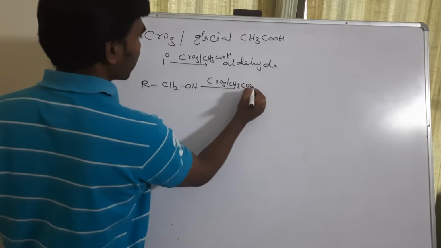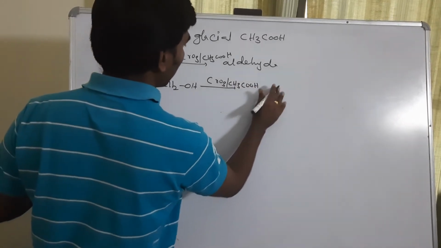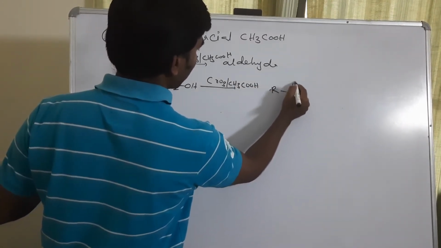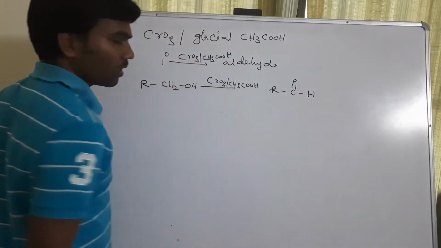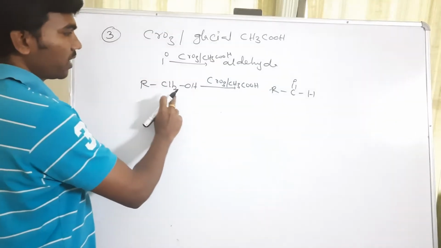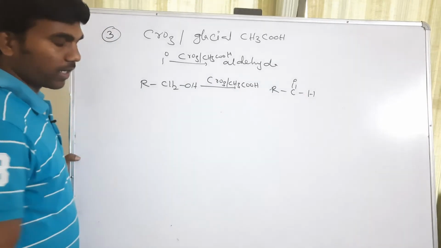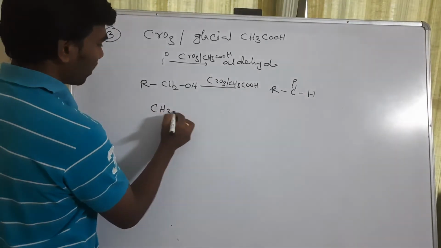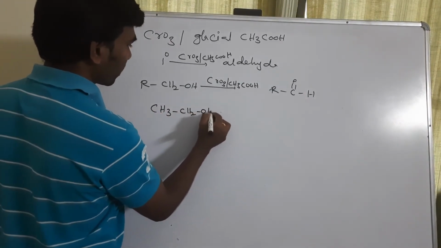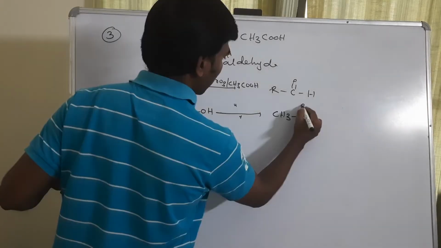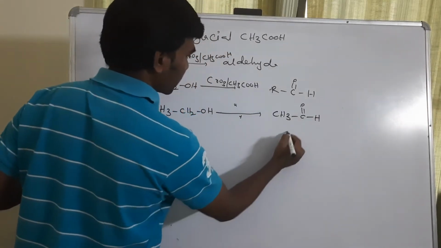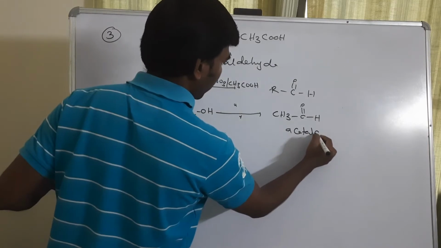It is going to form RC double bond O, H. This is primary alcohol. If I am taking primary alcohol, it will form aldehyde. For example, I am taking ethyl alcohol, CH3CH2OH. When it reacts, acetaldehyde will form.